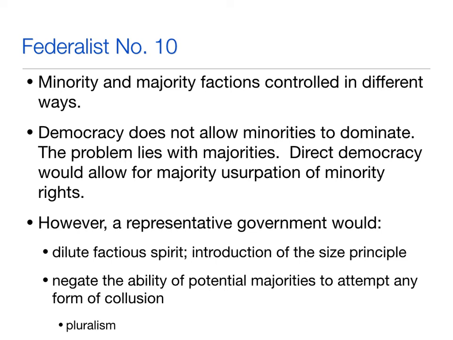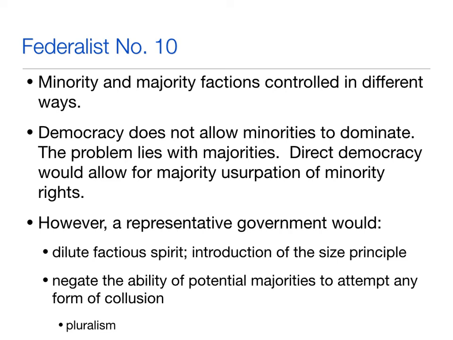Democracy doesn't allow minorities to dominate. The problem, in the way a democracy is set up, lies with majorities. And if you have a direct democracy, you'll really allow the majority to usurp minority rights all the time. However, we have a representative government. So it dilutes any particular faction, and it introduces the size principle, right?